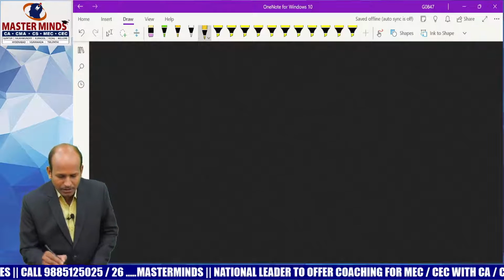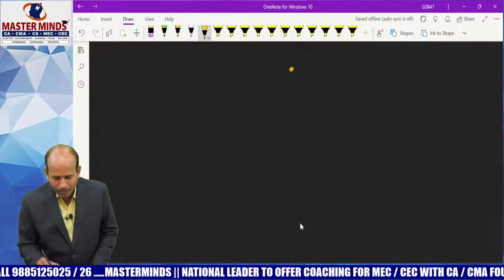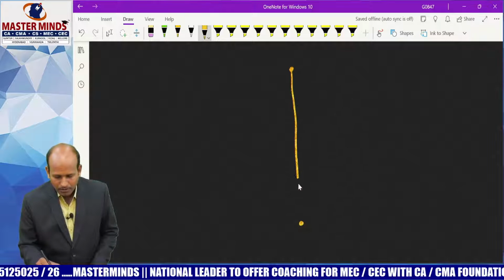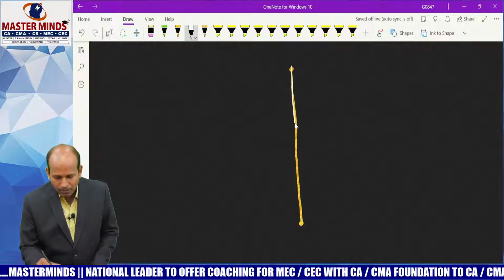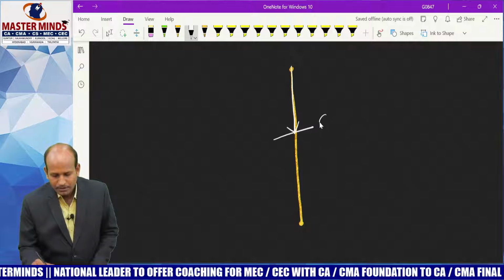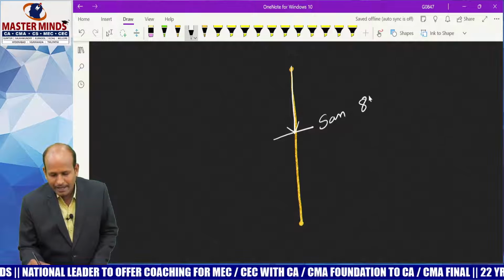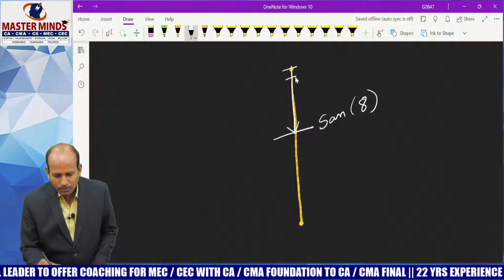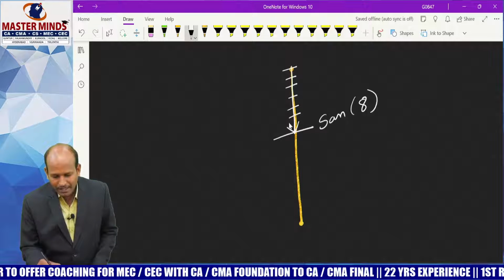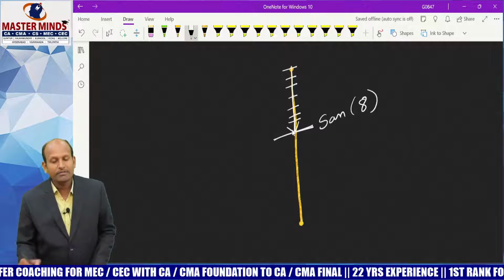The total students of the class run from top to bottom. If you are counting from the top, Sangeeta is the 8th member. That means including Sangeeta, 1, 2, 3, 4, 5, 6, 7, the 8th member is Sangeeta.